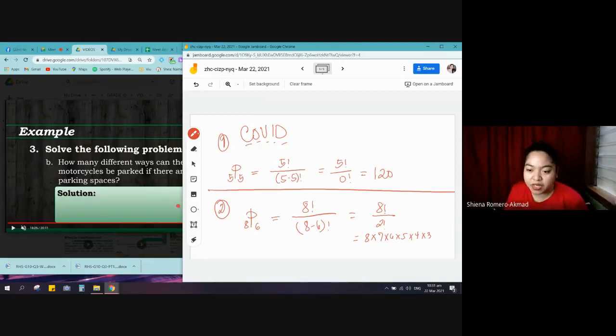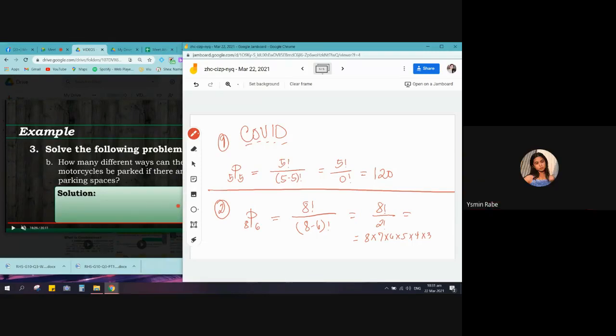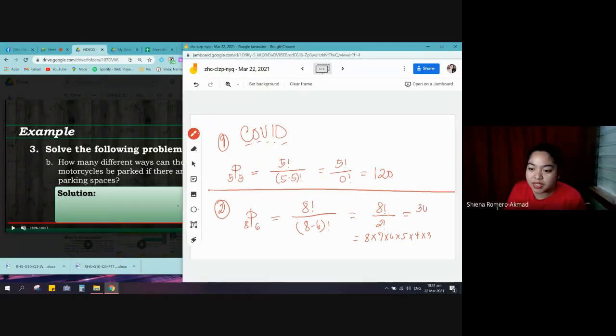Or simply, we can get the values. Pwede rin naman. What is 8 factorial? 40,320. Tama?